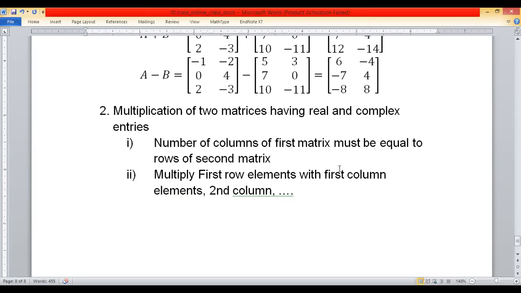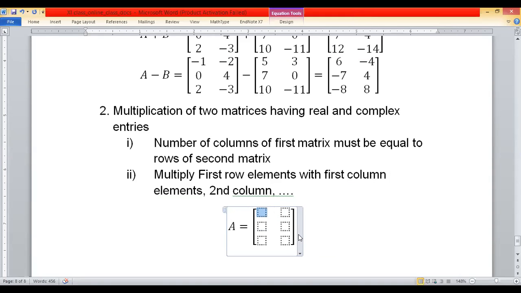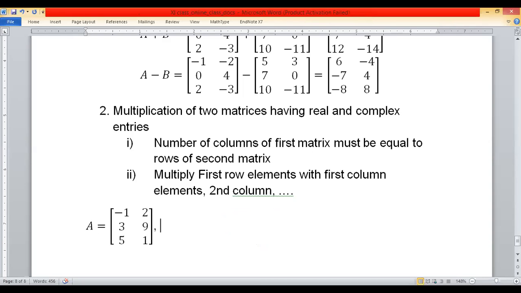So let's try an example. We have a matrix of, let's say, 3 by 2: minus 1, 2, that's a 3 here, 9, 1, 5 here, and B. You can see we have how many columns?